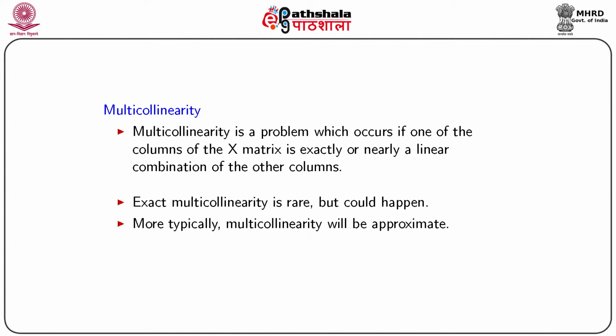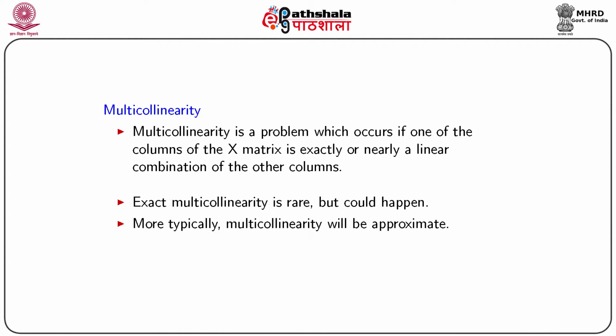So in case of multicollinearity, there are two or more explanatory variables which are exactly or nearly a linear combination of the others. In other words, what we have previously mentioned, multicollinearity occurs when one of the columns of X is exactly or nearly a linear combination of the other columns.